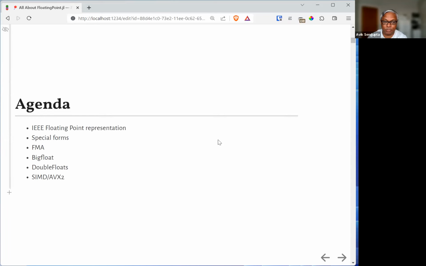We will look at big floats and double floats, and how to go beyond the precision that regular floating points give you. And we will end with a brief discussion around SIMD. That should hopefully take us at most the next half an hour, and then we can do questions and discussions at the end. So that's the schedule for today.